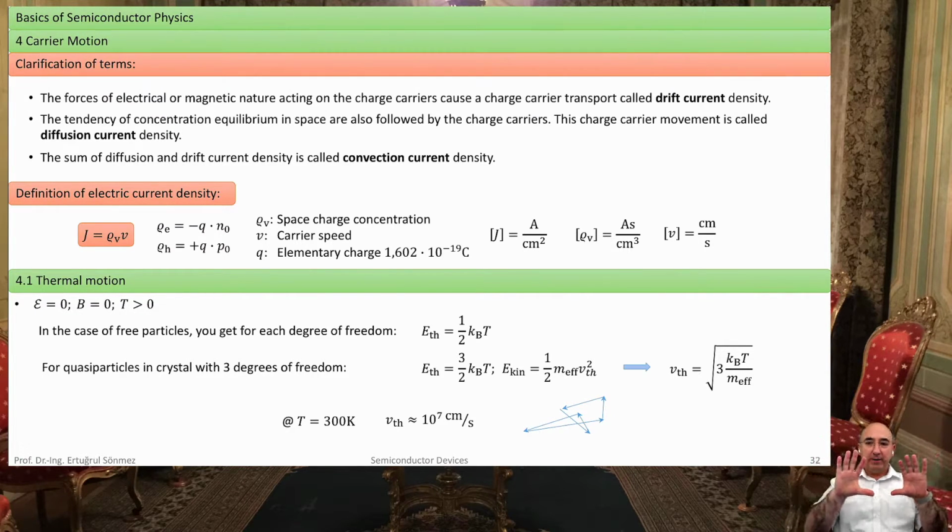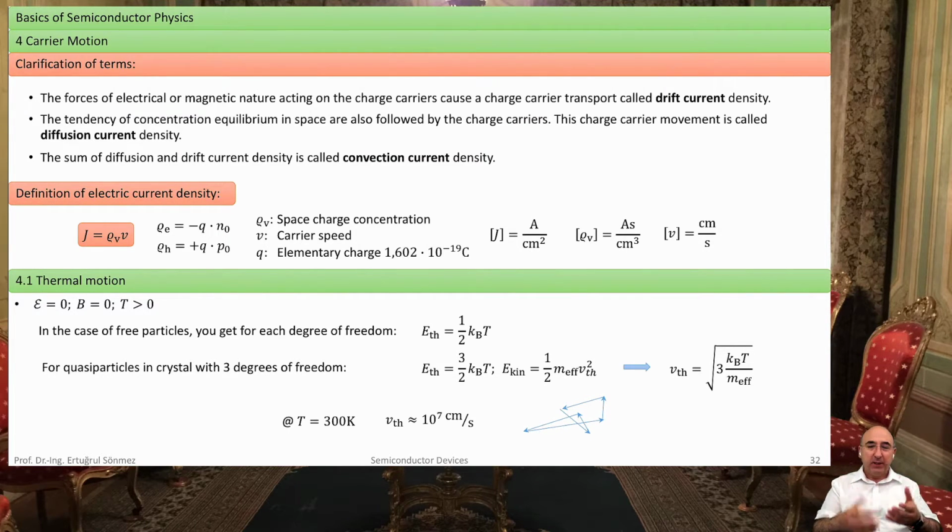So where we are, we have a story. The story is semiconductor. So we have the crystal. Then we have the movable carriers, the free carriers. Why do we need them? Because we want to move them. Why? Because we need the current. Why? Because that's the purpose of the device.